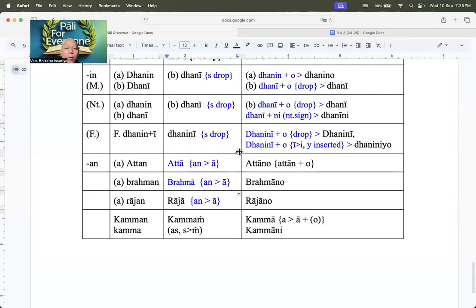But for the plural, here, this one is actually C stem. Atta coming from the C stem. After that the O is added.